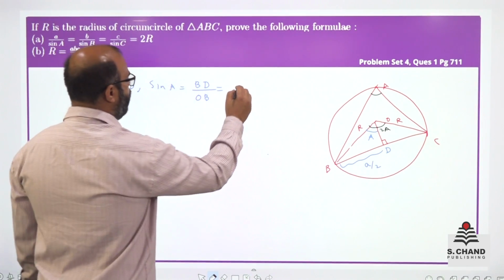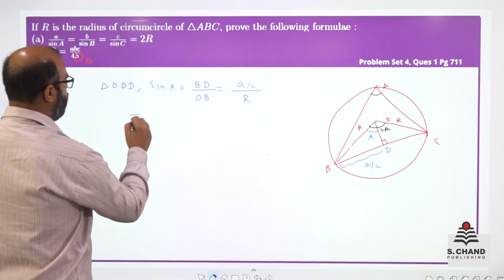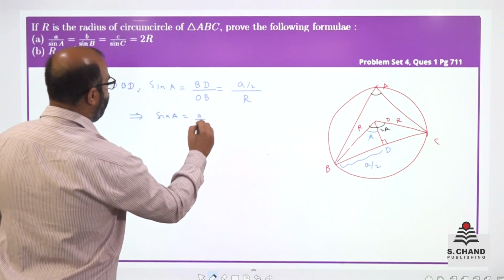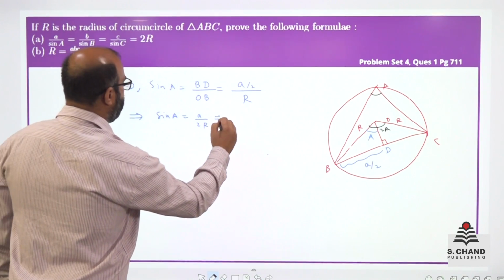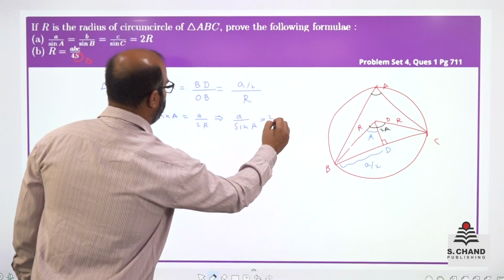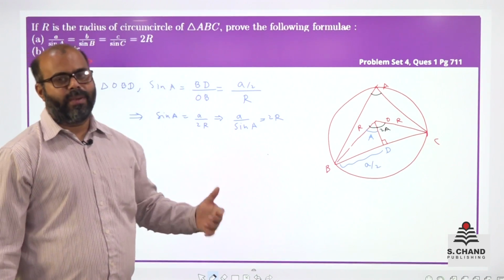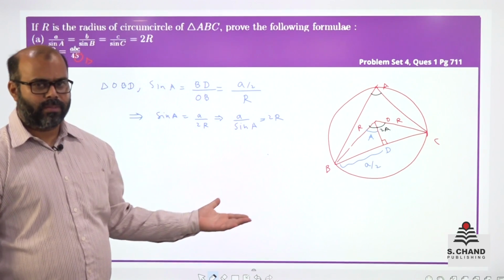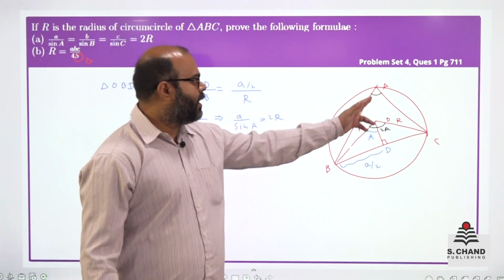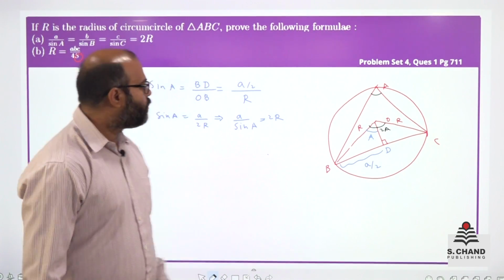Now BD is equal to a by 2 and hypotenuse is equal to R. So sine A is equal to a by 2R, or you can say that a by sine A is equal to 2R. Similarly, you can prove b by sine B is equal to 2R, and c by sine C is equal to 2R by taking this triangle or this triangle.